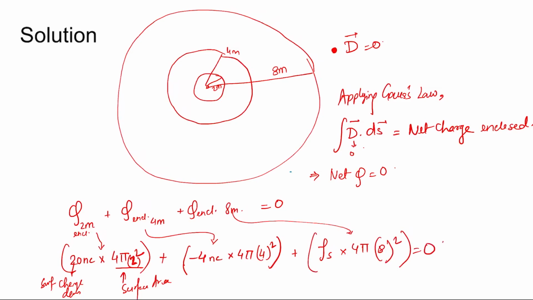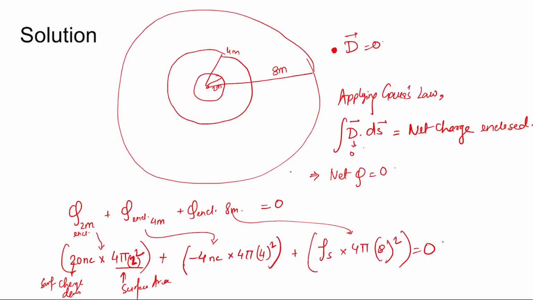Now this is coming out to be 320 pi nanocoulomb. This is coming out to be minus 256 pi nanocoulomb, and this is coming out to be 256 rho s pi nanocoulomb.